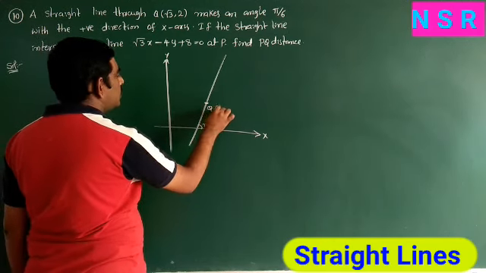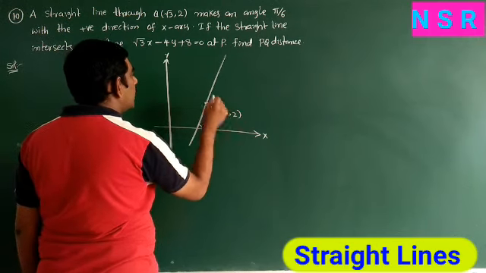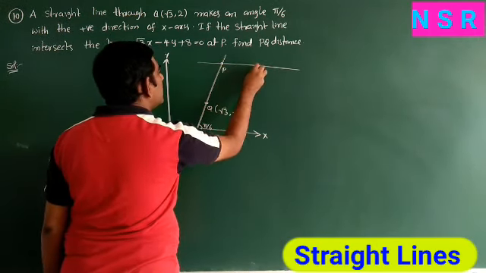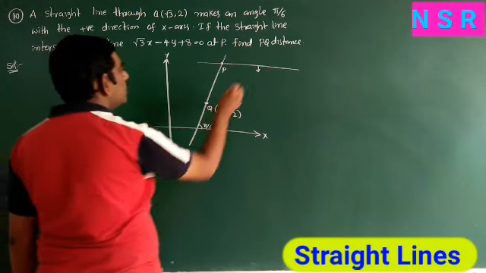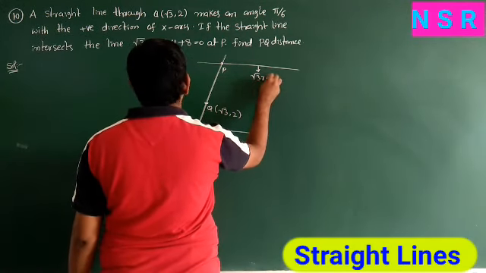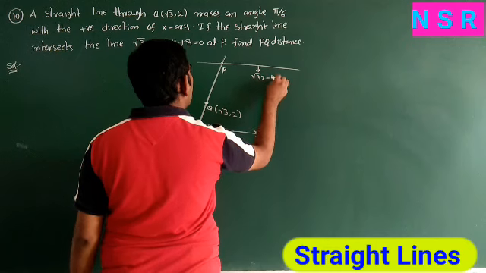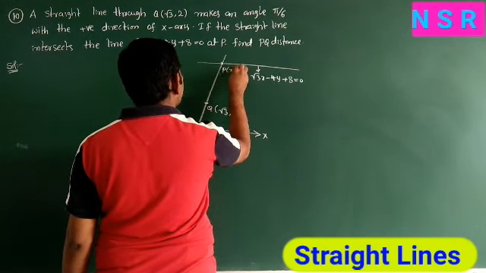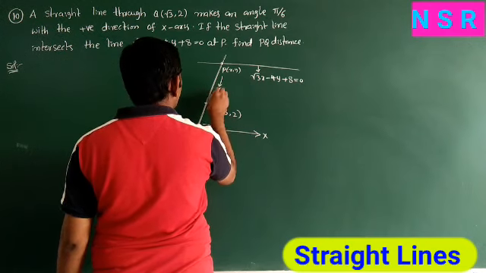Q is (root 3, 2), and it intersects the given line at the point P. What is that line? Root 3x - 4y + 8 = 0. So take it as x, y. The distance between P and Q is r.